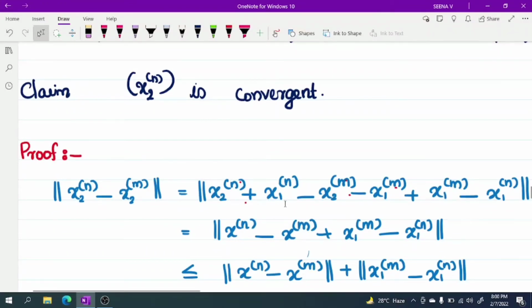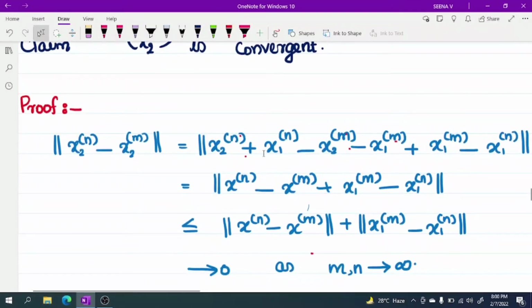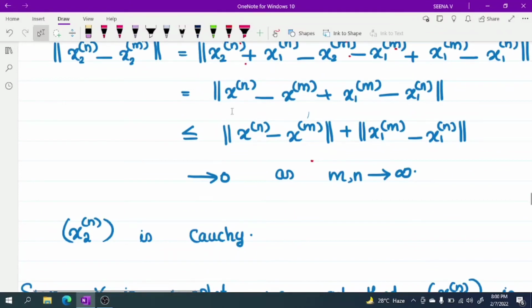So this is actually x1n plus x2n, that is xn, and minus x1m plus x2m, which is equal to minus xm, plus x1m minus x1n. And this norm is less than or equal to the norm of xn minus xm plus the norm of x1m minus x1n.